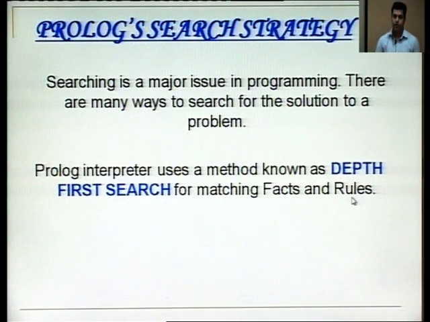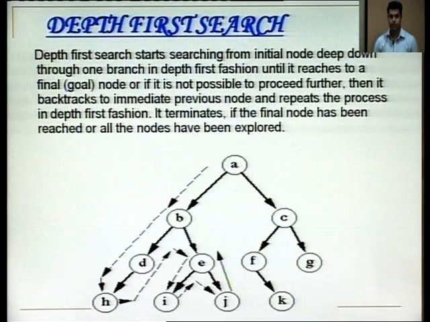Now, if you remember the concept of graph search methods, there are two methods. One is depth first search, and the other one is, yes, anybody? Yes, breadth first search. And the Prolog interpreter uses depth first search. This is the example of how we will explain depth first search.